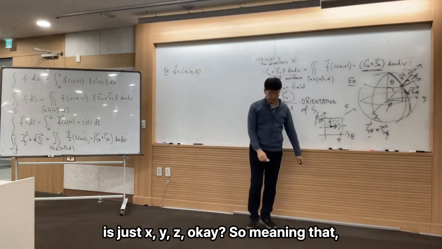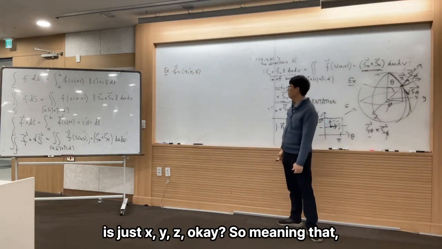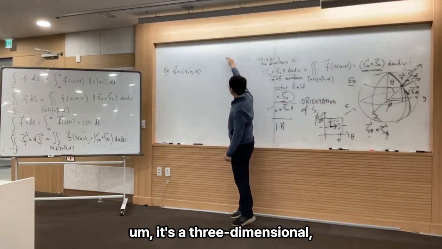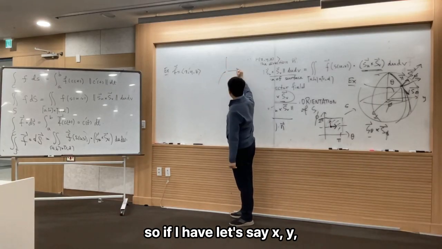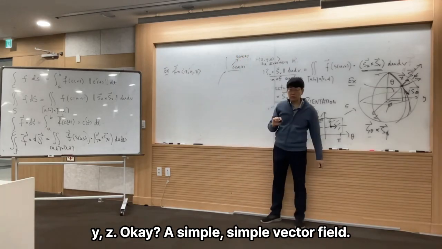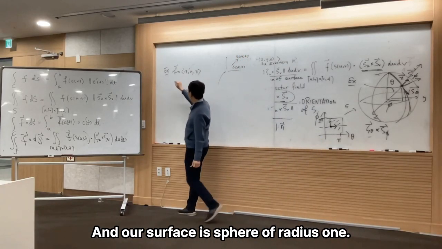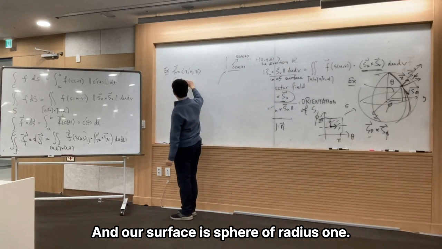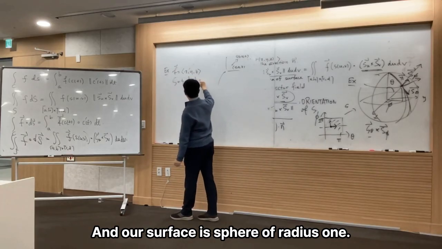So our vector field is just (x, y, z), meaning that it's three-dimensional. If I have a point (x, y, z), then it's moving in the direction of (x, y, z). A simple vector field. And our surface is a sphere of radius 1.